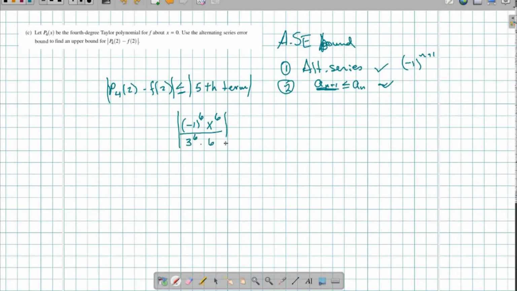And I want to know what's happening when x equals 2. So I'm going to have, of course, negative 1 is going to go away because of the absolute value. So this is going to be 2 to the 6th over 3 to the 6th times 6. This is my error bound. And so that's it. That's what we're looking for.